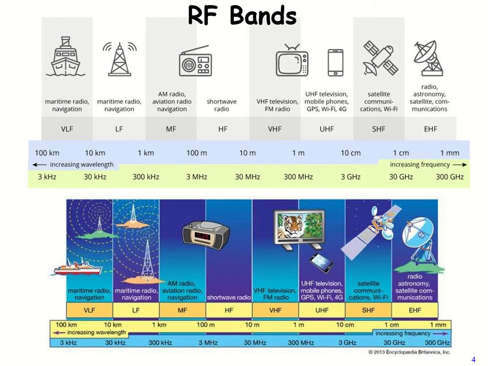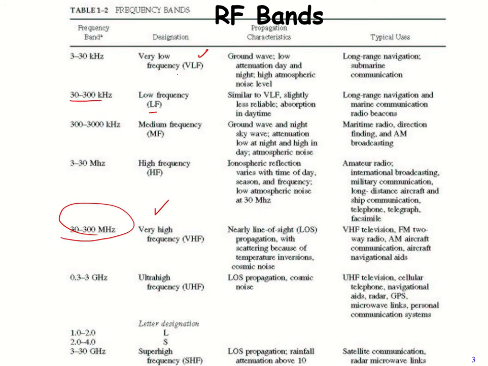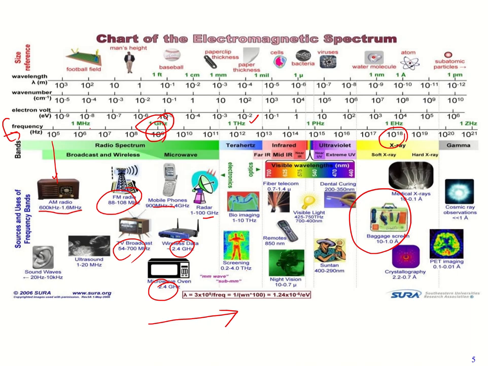Again, a similar picture for the different applications. Now these are the different frequencies, different electromagnetic waves. If you can see here, if this is an electromagnetic wave, this is the time period, and this is called the wavelength.